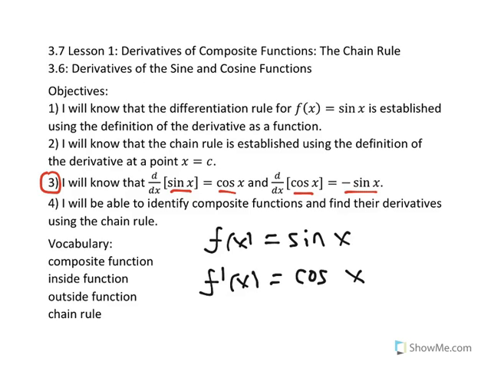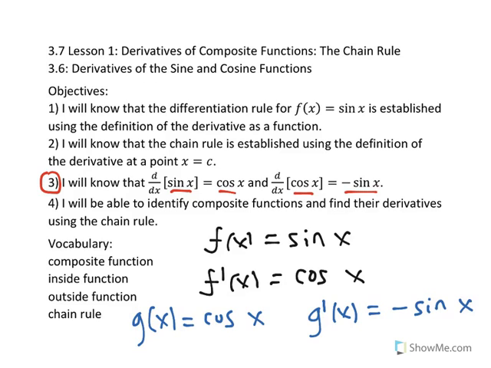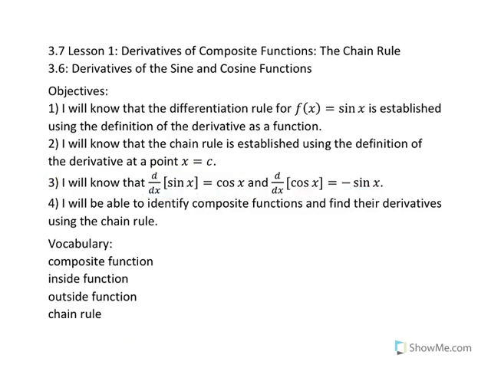If you have a problem like g of x is equal to cosine x, and you're being asked to find the derivative, you're going to write g prime of x is equal to negative sine x. We already looked at the proof of this particular differentiation rule, and it was proved using the definition of the derivative as a function.